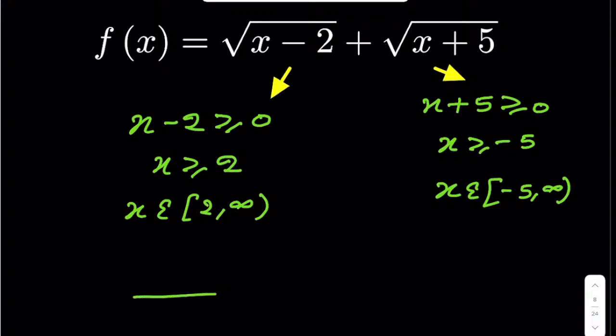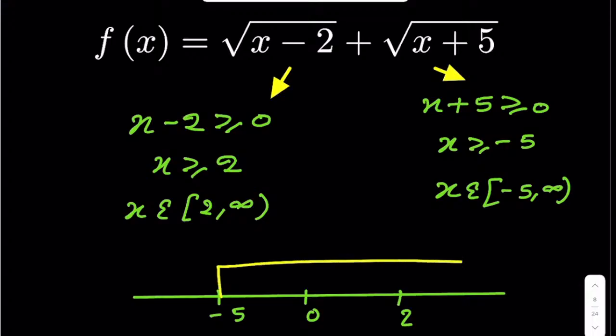But according to the definition, domain means for which value of x the whole function is defined. Means we are using the line curve method. So here minus 5, here 0, and here 2. So the first one says minus 5 to infinity, and this one says 2 to infinity.